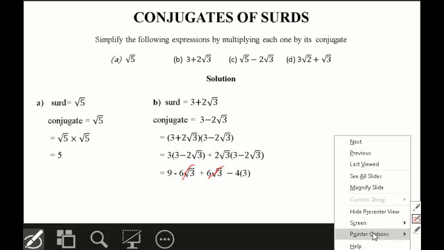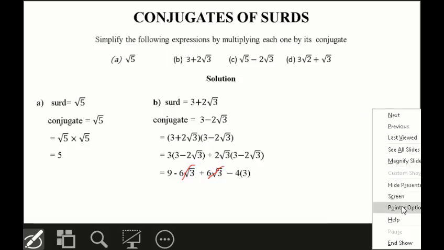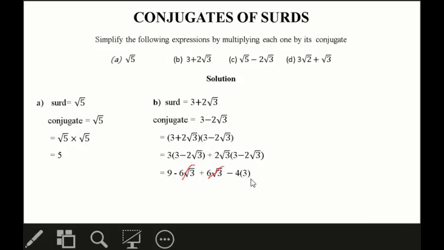And when that happens, it means we are going to get 9, and this is minus 4 times 3 will give us minus 12, because this and that will cancel out. Good. Then 9 minus 12 will give us negative 3 as our final answer.